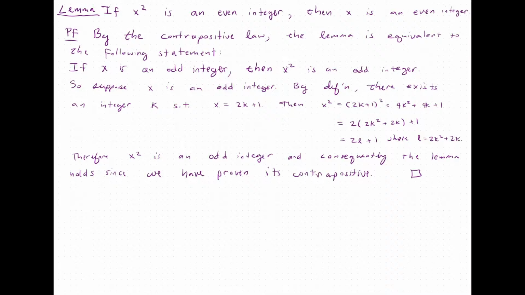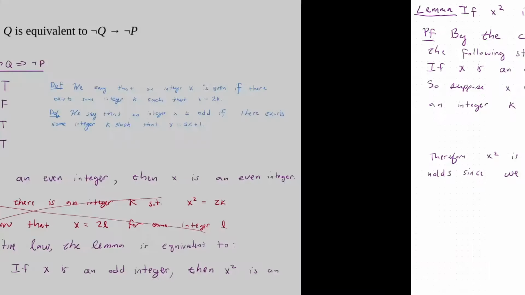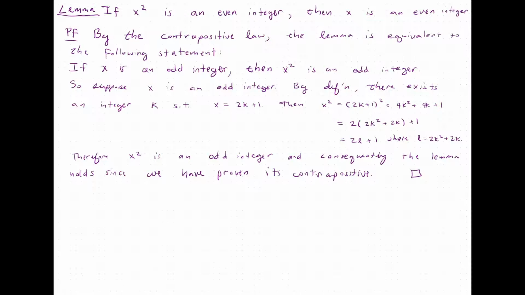Going from x to x squared is fine, because if we take x as an odd integer, then we can go ahead and square it by definition. But reversing the process, since we haven't spoken about square roots or prime factorization, approaching it directly right now is beyond our means. But here we have it. We have proven this statement by going to its contrapositive.